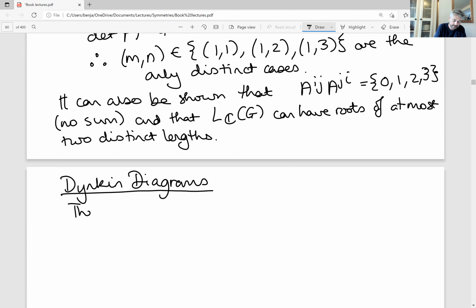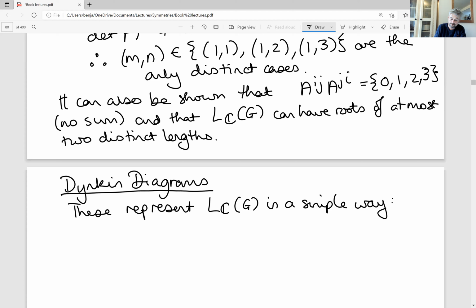So these represent the Lie algebra in a simple way. So what we do is we draw a node, which to you and me is a little circle, for each simple root.